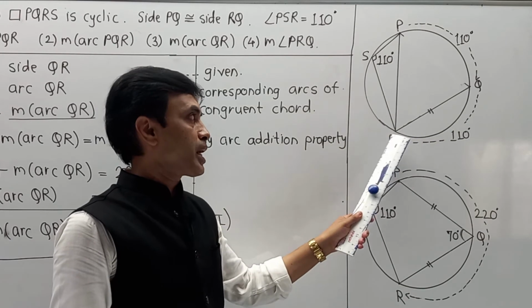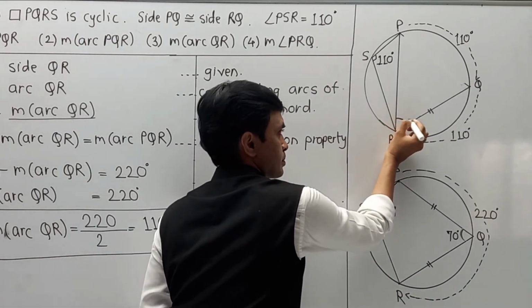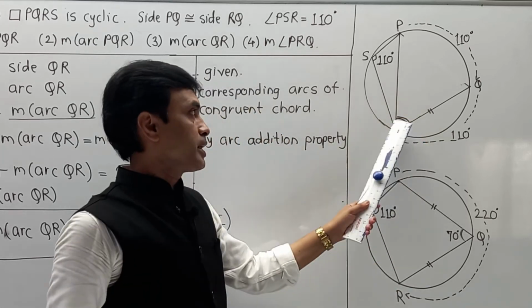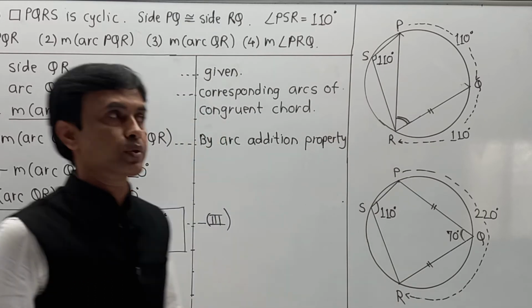Major angle PRQ, that is required over here, means this value is half of the intercepted arc, and we are doing this calculation over here.